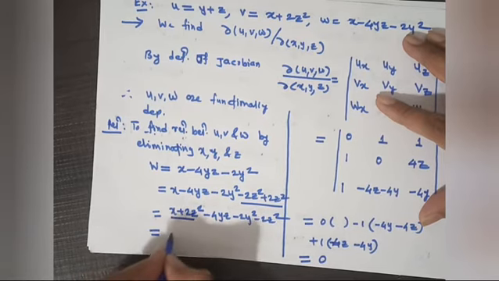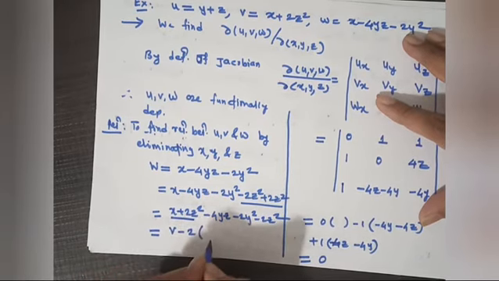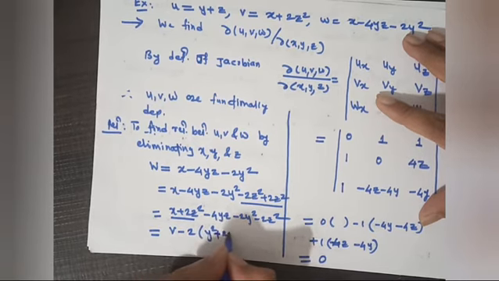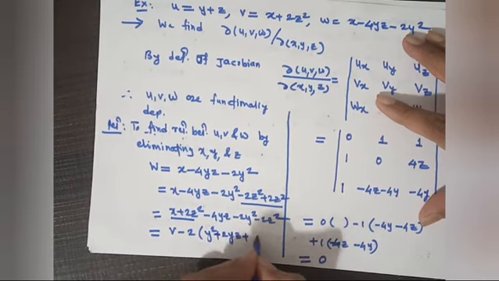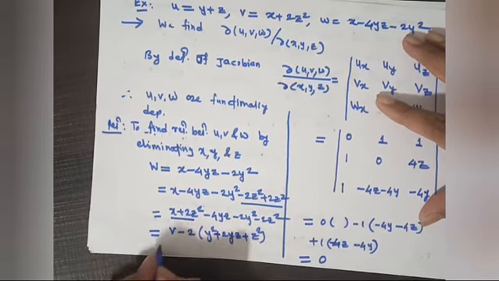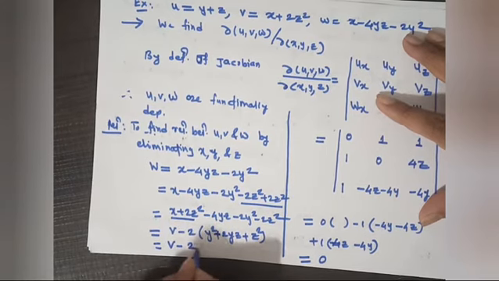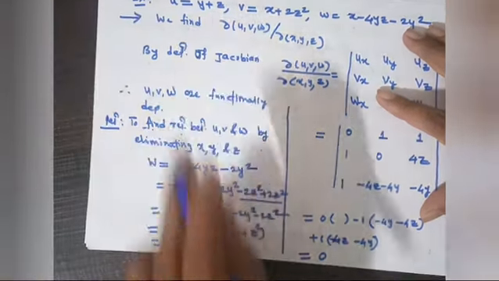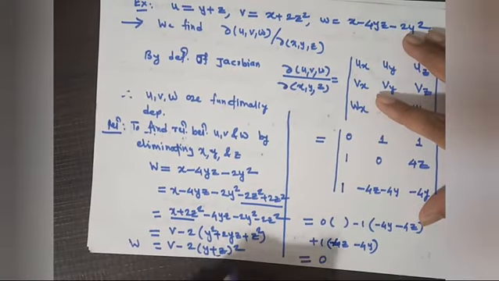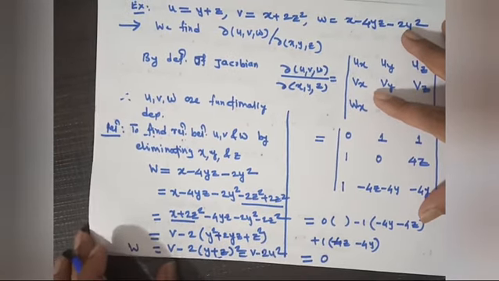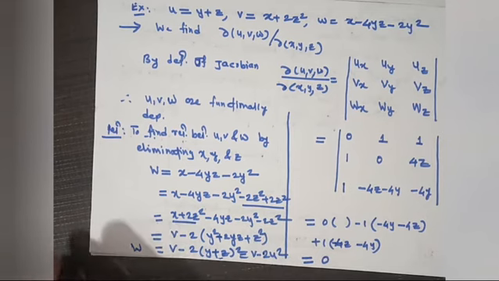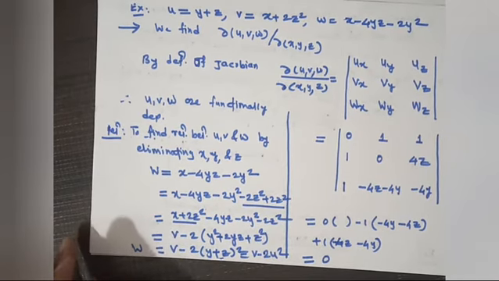So x plus 2z square is v, minus 2 times y square plus 2yz plus z square, and that is v minus 2 times (y plus z) whole square. And what is y plus z? Y plus z is u. So w equal to v minus 2 times u square. W equal to v minus 2u square is the relation between u, v and w.